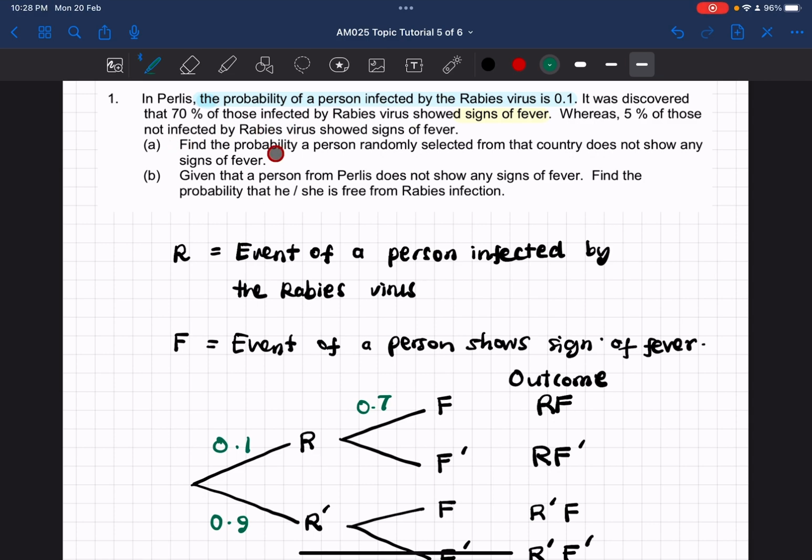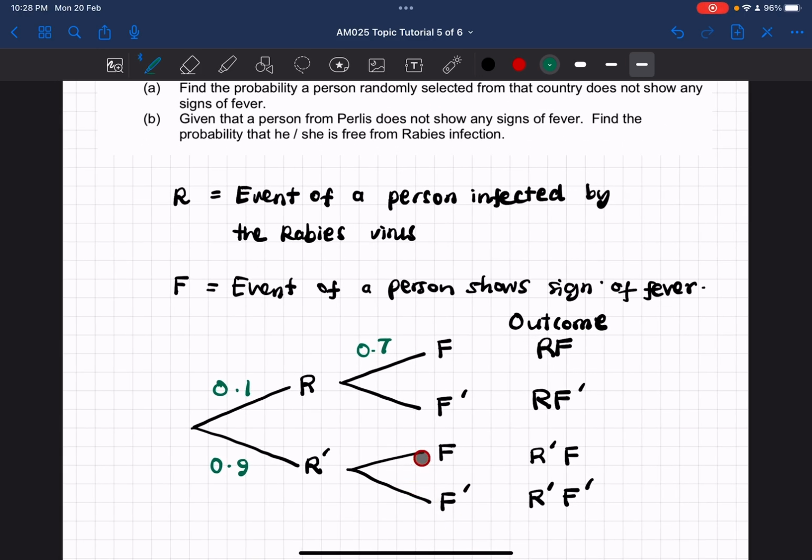Those not infected by rabies virus is the complement of R and shows signs of fever, which is F, 0.05.